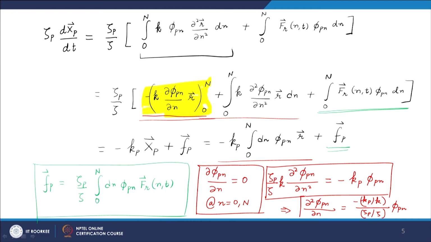So, now you can see we have a partial differential equation in terms of the basis function that I am trying to solve for, and we know the boundary condition that the basis function also satisfies. So, using that we will solve for the basis function, and using that basis function I can define the solution x_p(t). This is what we are going to do. So, let us get started.